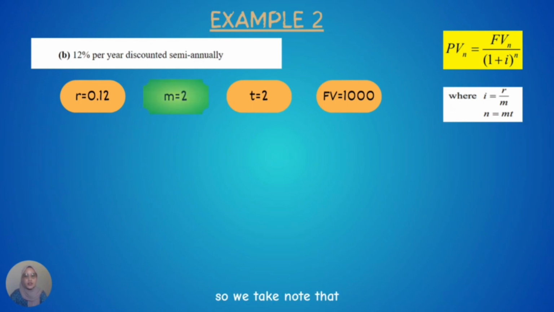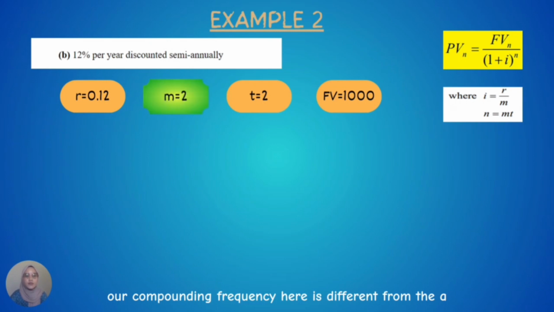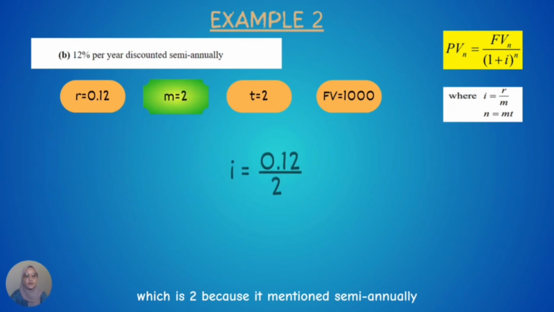For the second question, the interest rate given is 12% per year discounted semi-annually. We take note that our compounding frequency here is different, which is 2, because it mentioned semi-annually.